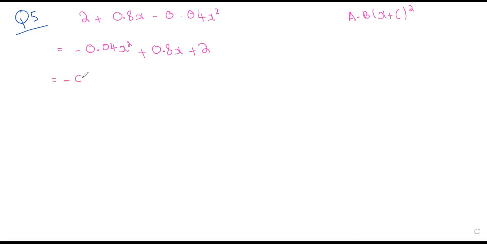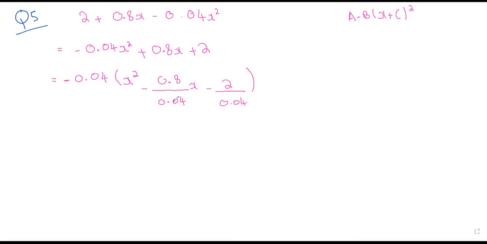Now I will take 0.04 common, and this would be x squared plus 0.8 divided by 0.04. So I can change the sign. This would be negative. This is x, and then minus 2 by 0.04. Okay.